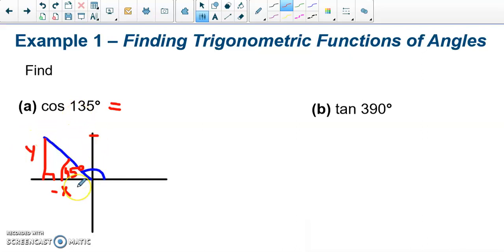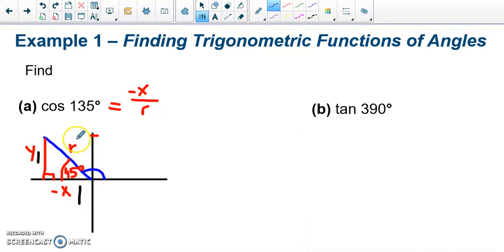So cosine of this angle is, and again, this is r, cosine is the adjacent over the hypotenuse. So it's negative x over r. So we know it's going to be negative. Now, what values do we add here? So we use special right triangles. If you recall, this is a 45, 45, 90 triangle, we define this side as 1 unit.